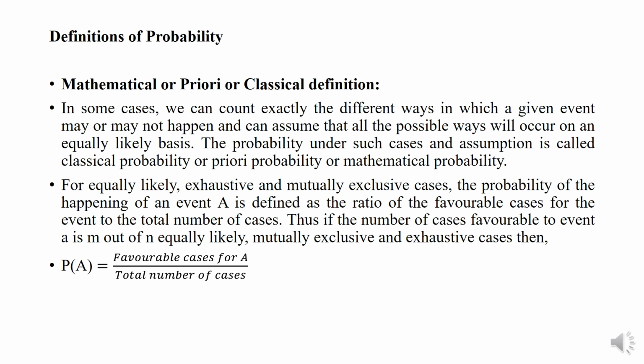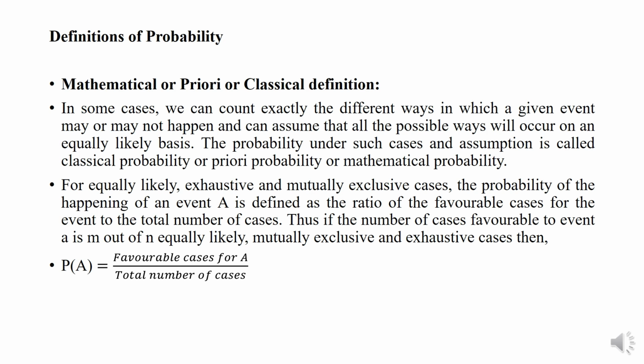For equally likely, exhaustive and mutually exclusive cases, the probability of the happening of an event A is defined as the ratio of the favorable cases for the event to the total number of cases.